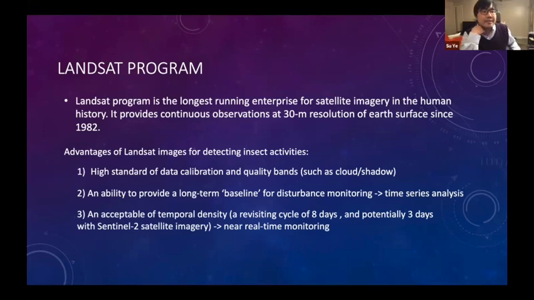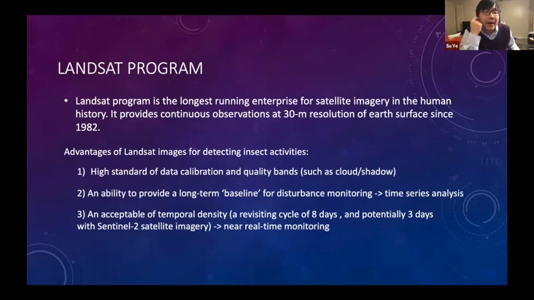The third is that Landsat has an acceptable temporal density. I say acceptable because I mean to compare with Planet images, which usually have a 1-day revisit. Landsat satellites only have an 8-day revisit cycle, so it doesn't have the best temporal density.